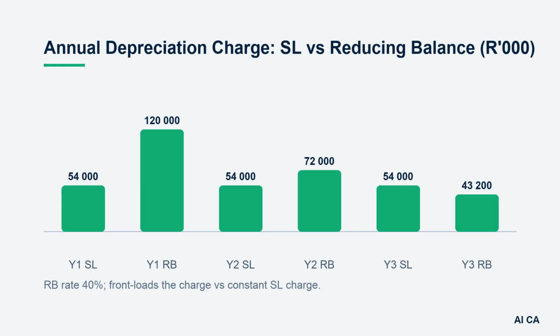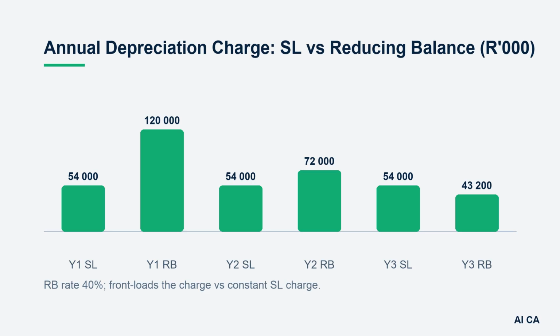Here is how the annual depreciation charge compares across all 5 years. Year 1 under straight line is 54,000. Under reducing balance, it is 120,000, more than double. By year 5, reducing balance has dropped to just under 10,000 Rand. The total under straight line is exactly 270,000.